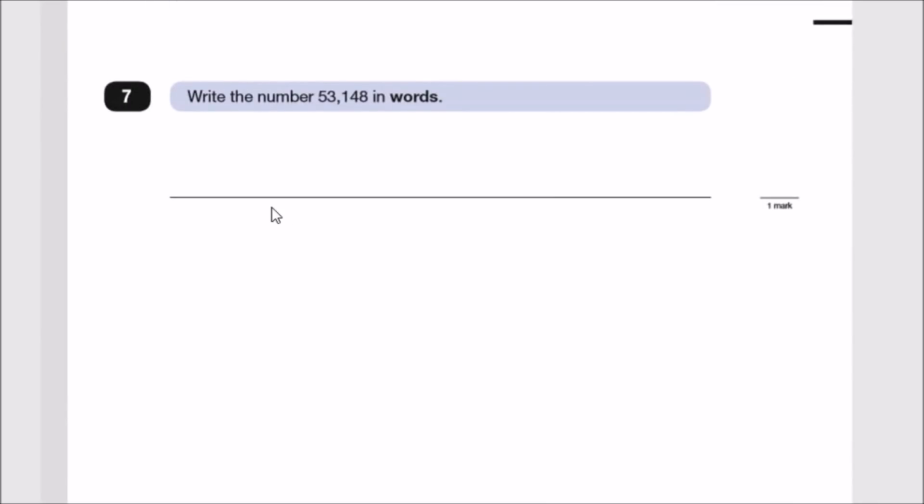Okay, so this is even a challenge for me. Write the number 53,148 in words.